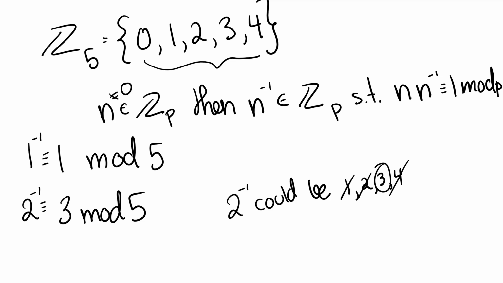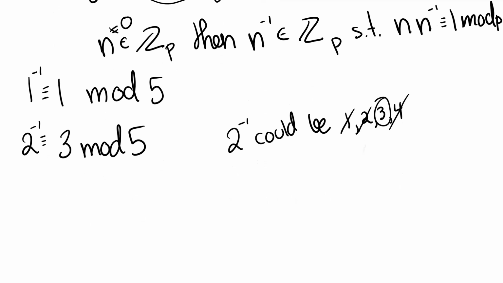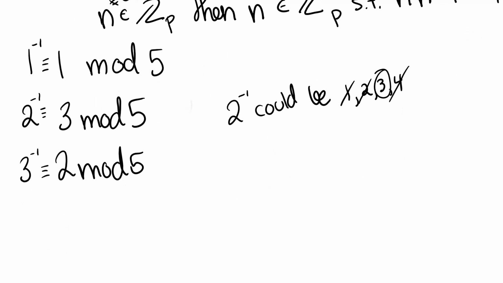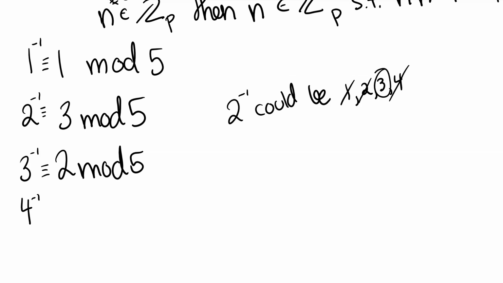And that looks so weird, doesn't it? Isn't that crazy? This stuff really hypes me up. Okay, so the inverse of 3, you guessed it, that's going to be 2. Okay, so now how about the inverse of 4?